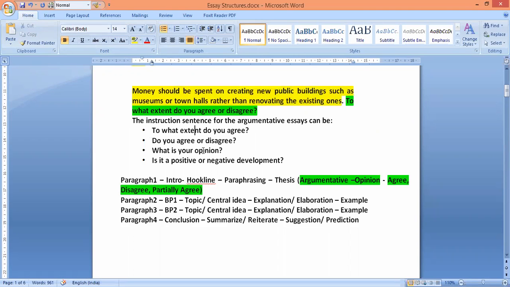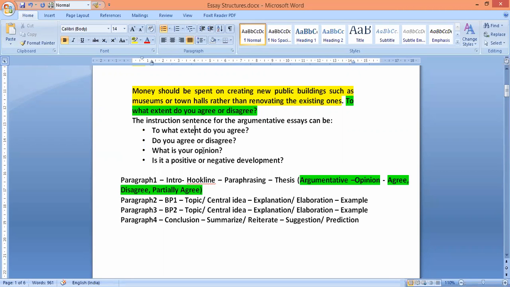And who will tell me, if I disagree with this question, what will happen in the BPs? We will have to write two ideas, BP1 and BP2, the same two ideas about disagreeing only. Very good. So if I partially agree with this question, then in BP1 we'll write one idea, and contradictory we'll write in BP2.